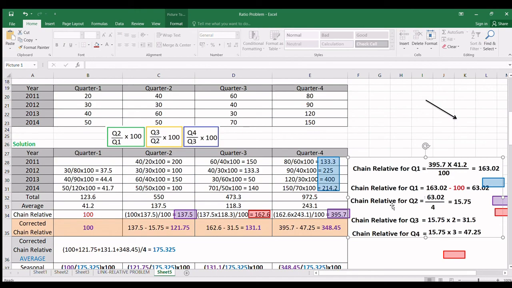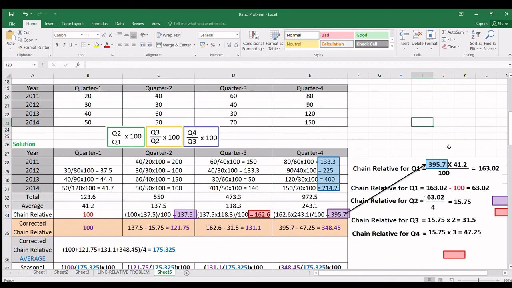As you can see, the first value I have here is 395.7. From where did I get this 395.7? I got it from here.